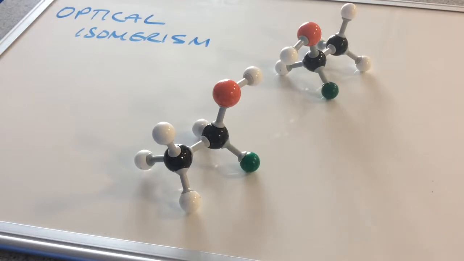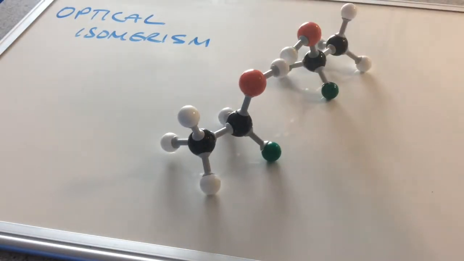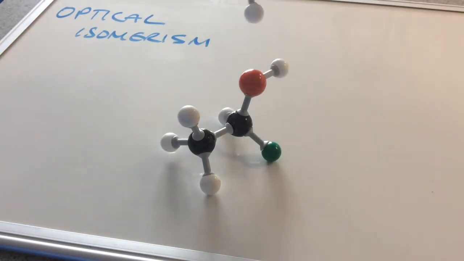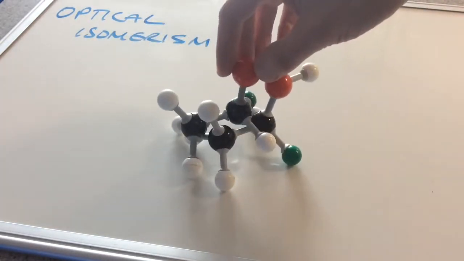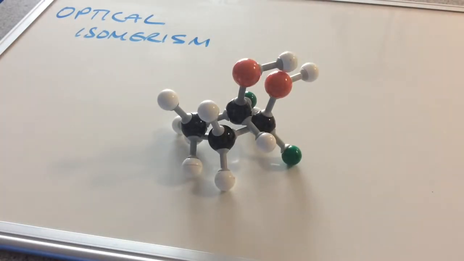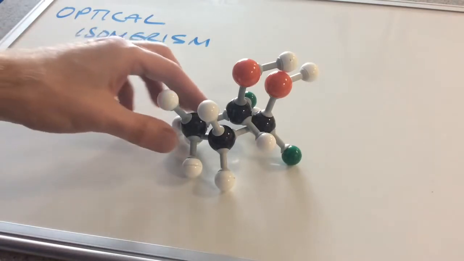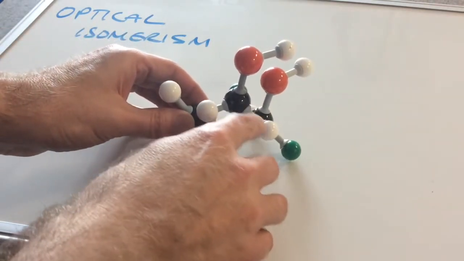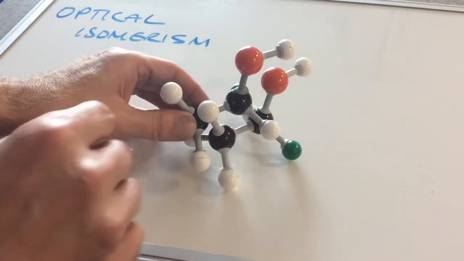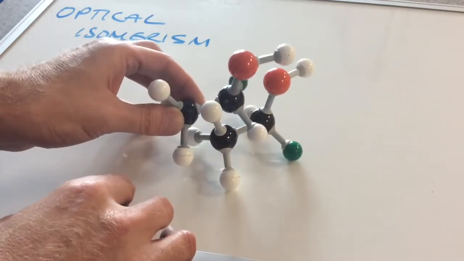And let's do the same as before. So we want to try and superimpose one on top of the other. And hopefully you'll be able to see that these are now actually different. What we can't do is put one on top of the other and get all of the bonds, the groups on these bonds, to be all pointing in the same direction.